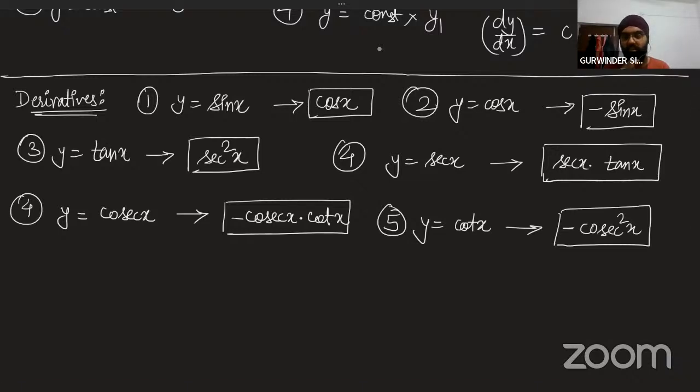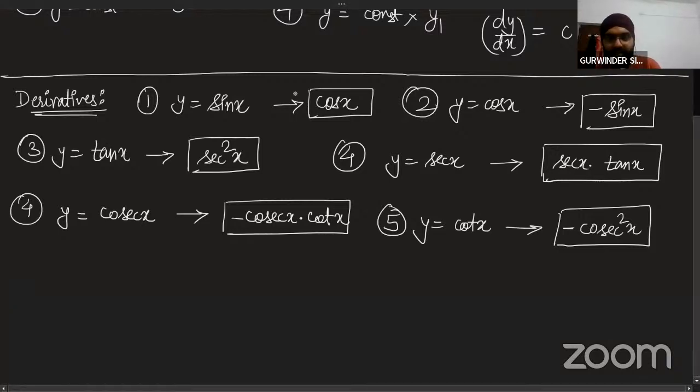Okay, we just have 6 trigonometric functions. Do we have anything else also? Why is not anyone speaking today? You can speak. I'll assume that if you are not speaking, you have understood it.